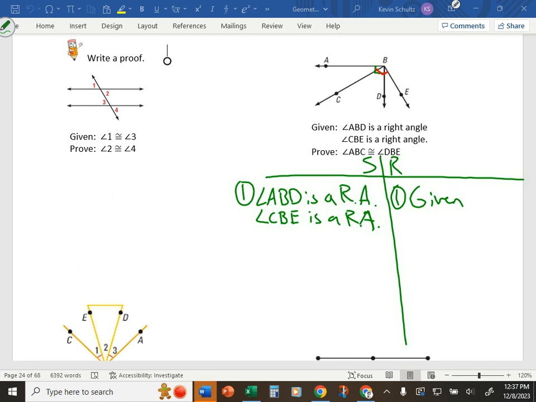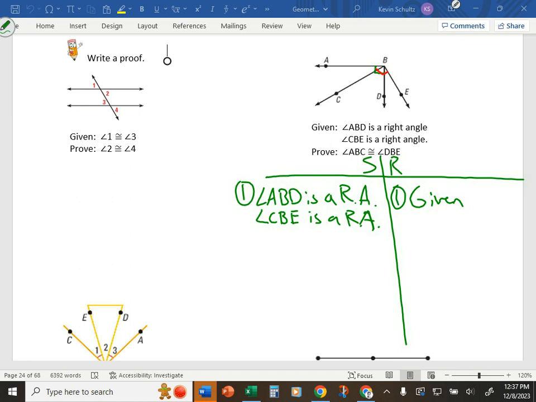Well, I was just wondering, can I say the measure of angle ABD is equal to 90 degrees? You can. Where are you going to go with that? I don't know. I just wrote that. Okay, so saying that ABD is equal to 90 degrees would be the definition of a right angle, right? Being told it's a right angle tells us it's 90 degrees.